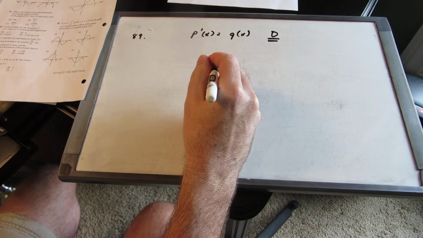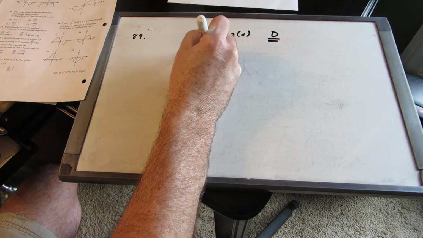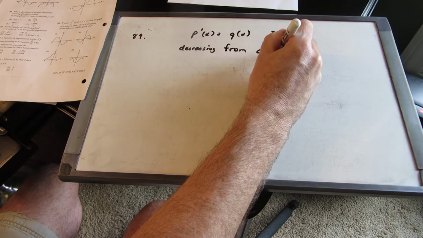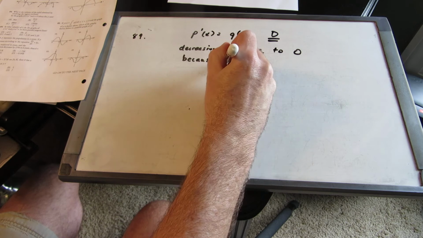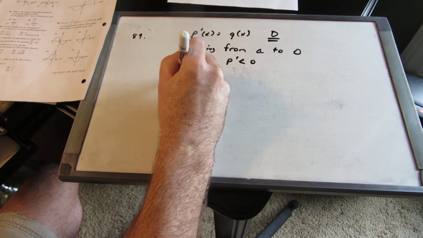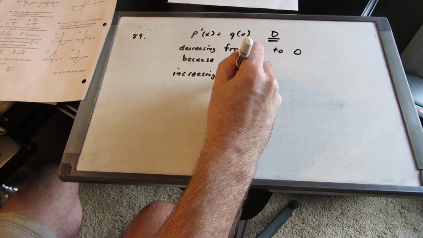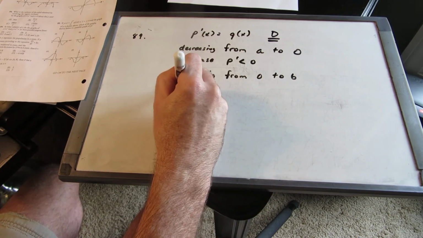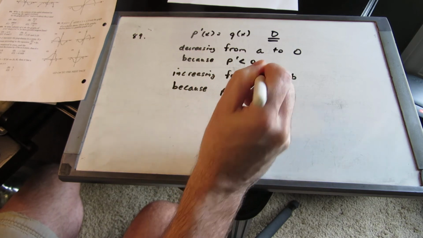Right, so if we want to write something down there: it's decreasing from a to 0 because p prime is less than 0, and then increasing from 0 to b because p prime is greater than 0.